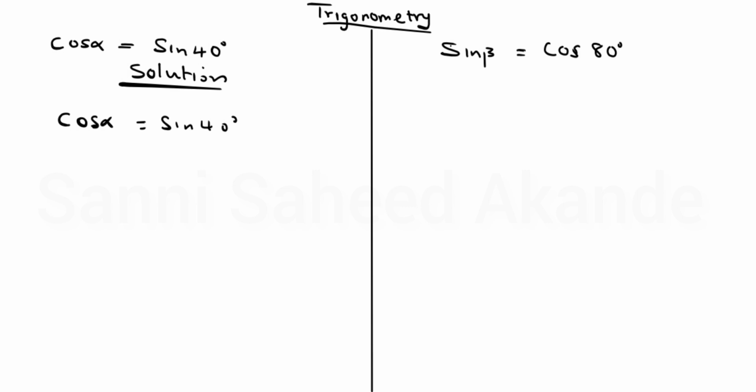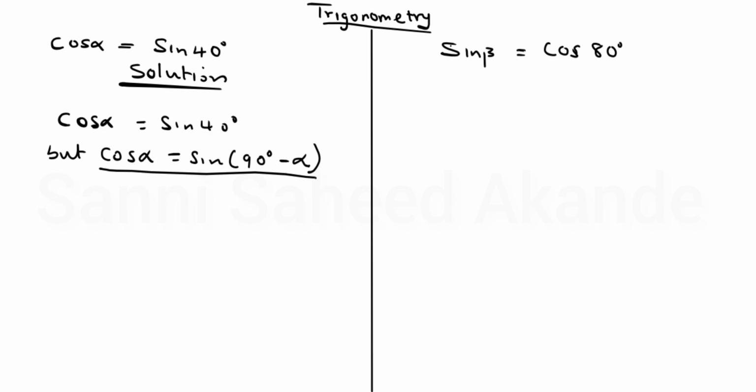Is that taken? Okay, so I'm going to say cos alpha is equal to sine of (90 degrees minus alpha). This is the formula we derived the other time, if you remember. The only thing I did here is to change the theta to alpha in order to suit the question given to me.